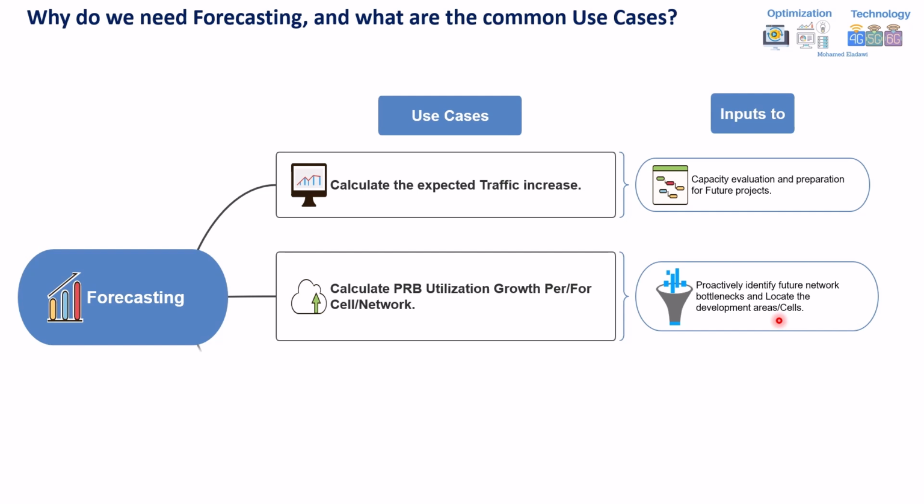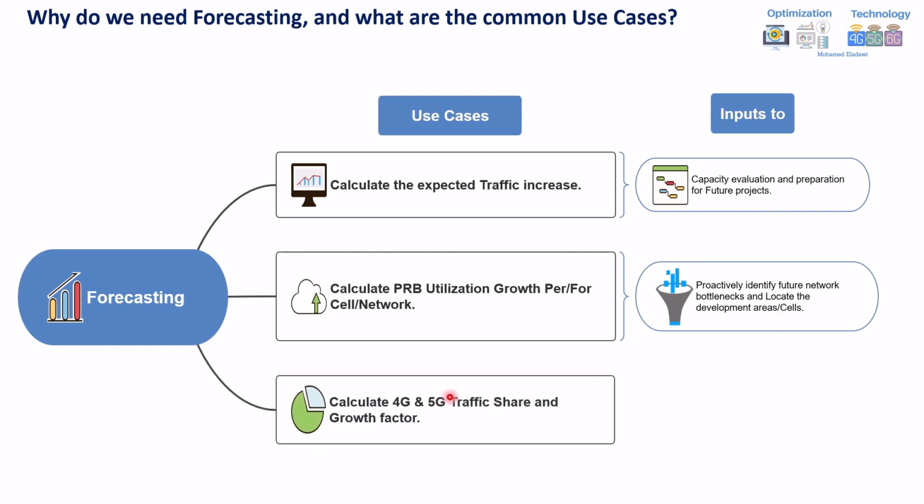The third one can be through calculating the 4G and 5G traffic share or growth factor. Why are we focusing on this part? Because as you may know, in the networks, the 5G traffic share is not that high. So investing more in 5G or refarming 4G needs to be predicted, or you need to give some guide for the customer on when and where to do this.